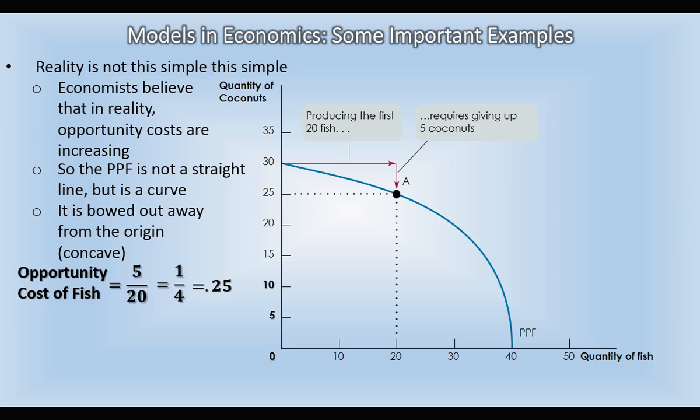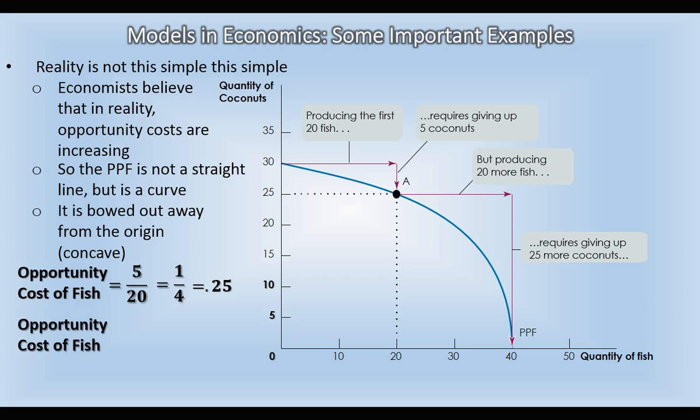As people start to become more dependent on fish, fish can be good, so people like fish and maybe want more. That means that you have to start using some of your resources to produce more fish. In that case, to produce the next 20 units of fish, we're going to have to give up a lot more coconuts. So again, as far as the math goes, you're measuring the opportunity cost of fish in coconuts, so that's going to be the numerator, the amount of coconuts you're giving up. You're giving up 25 coconuts in this case, going from this point to this point.